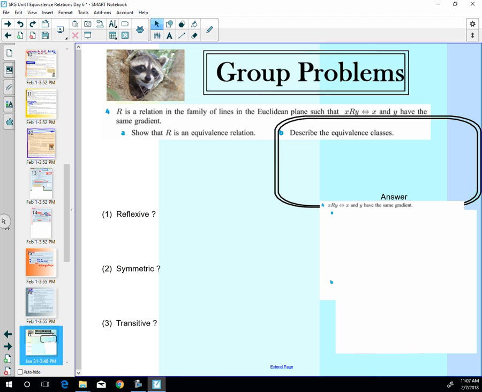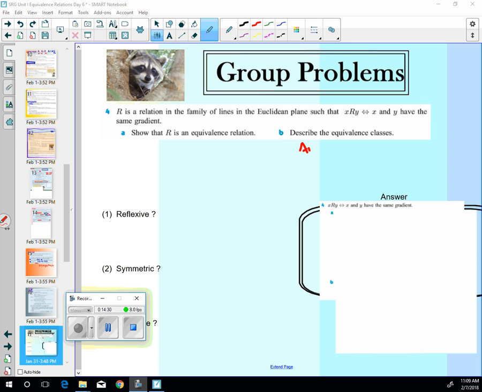Okay, R is a relation in the family of lines such that x R y if x and y have the same gradient. What's the gradient? It's the slope, right? See if you can come up with something for reflexive, symmetric, and transitive. B is a nice place to start.